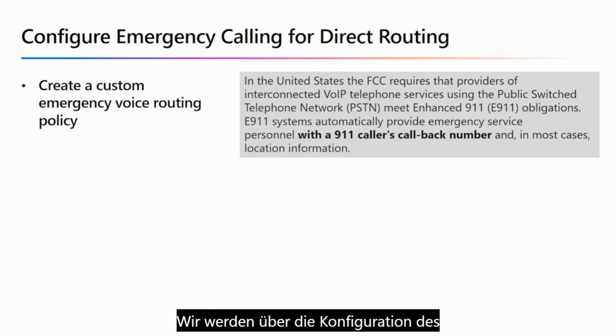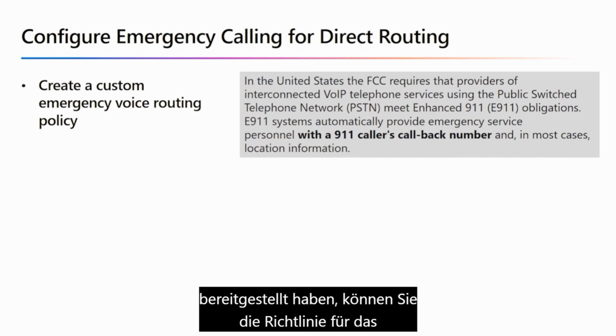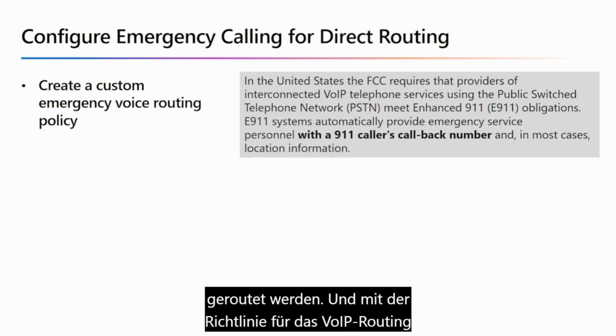We'll talk about configuring emergency calling for direct routing. If you have deployed Teams Phone direct routing in your organization, you can use emergency voice routing policy in Microsoft Teams to set up emergency numbers and specify how emergency calls are routed.